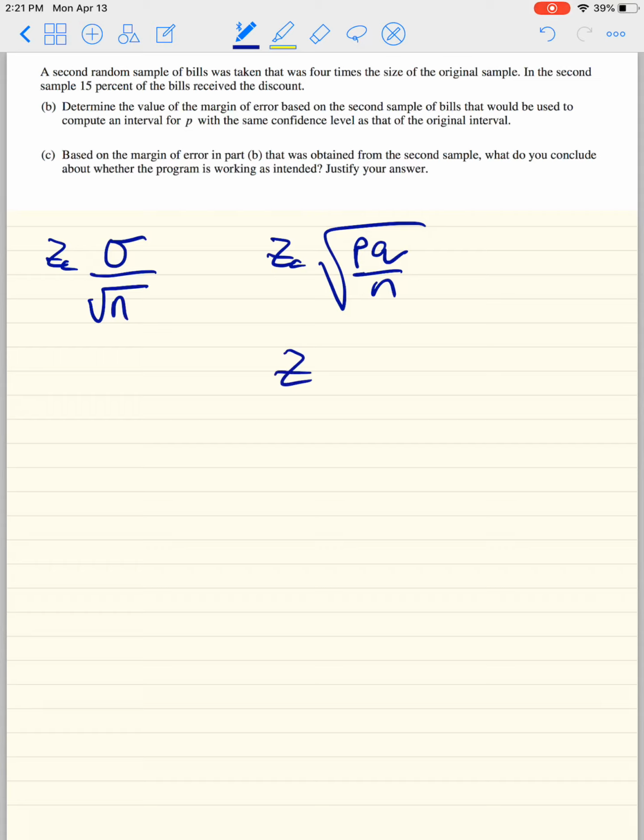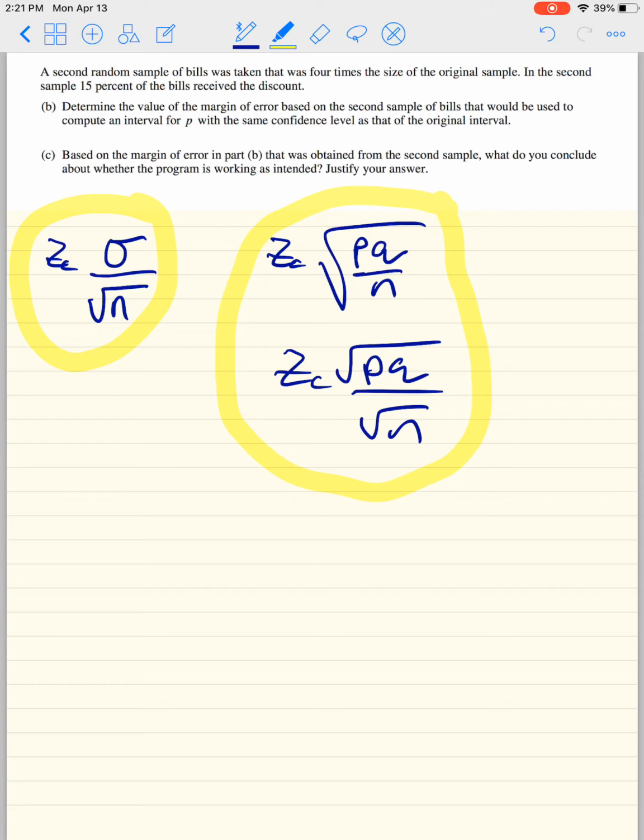In this case here, it says a second random sample of bills was taken that was 4 times the size of the original sample. So let me show you guys something here. We know that it's like z sigma over the square root of n, or z times the square root of PQ over n. I'm going to rewrite this so I can have 2. These are the margins of error. This is for when we have mu, this is for when we have a proportion.